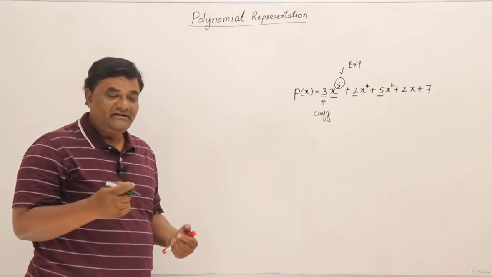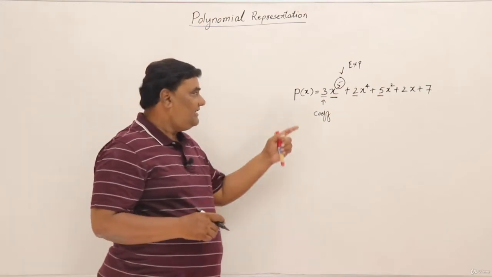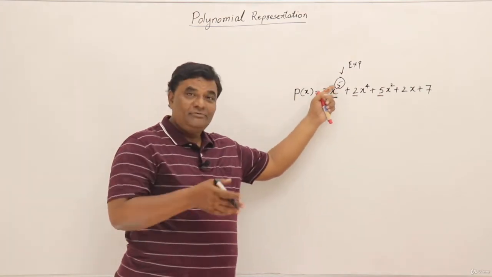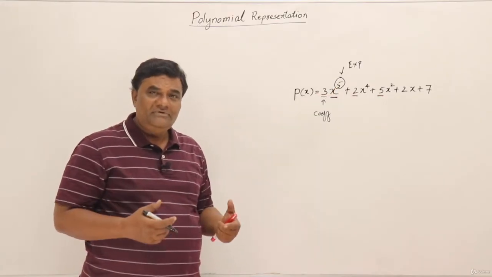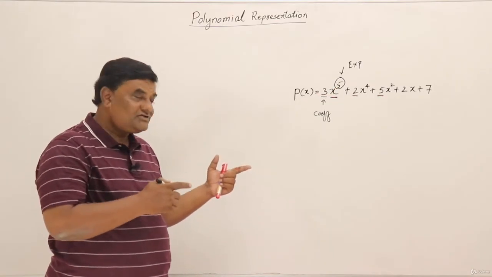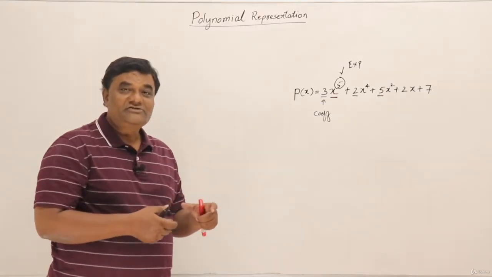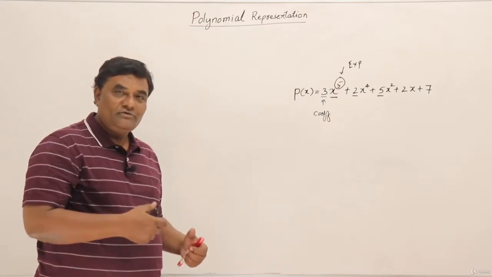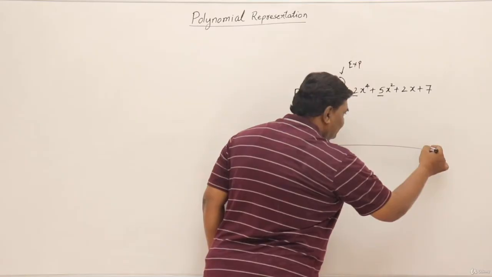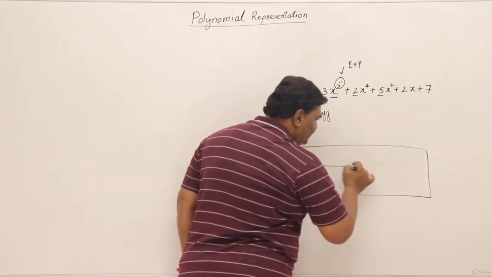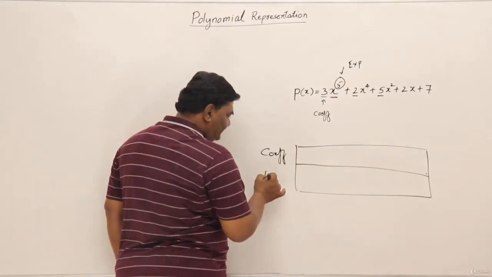So now I can say that a polynomial is a collection of terms. Each term has a coefficient and an exponent, the power of x. So we can represent a polynomial as a collection of terms where each term has a coefficient and an exponent. So I can represent this as a list of terms having coefficients and exponents. So let us prepare it as a list of two things, that is coefficient and exponent.